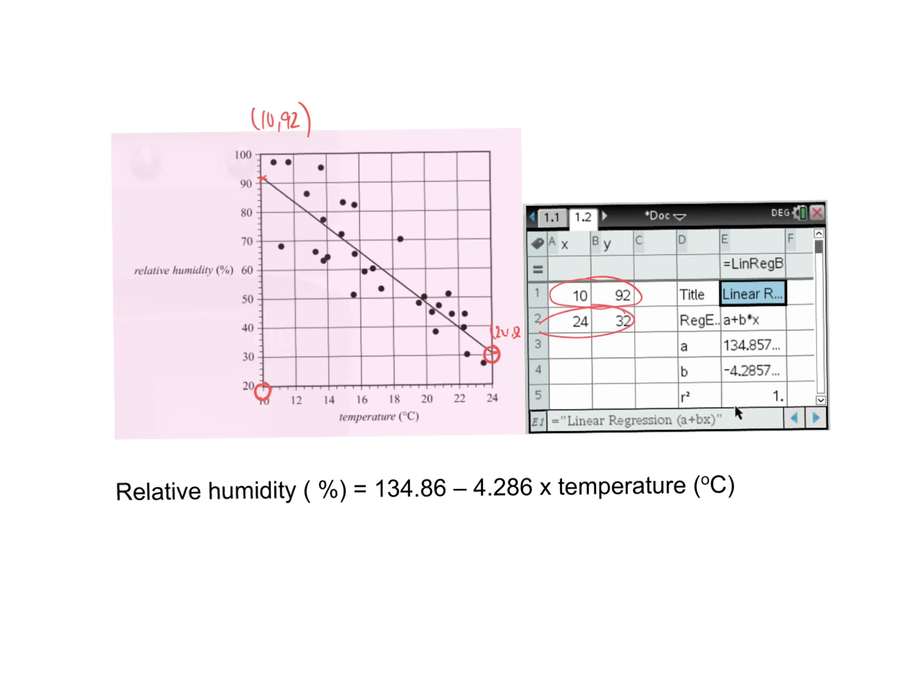Then I did the lin reg, and I wrote out the equation. This was my response variable, so I've put it there, and this was my explanatory variable, so I put that there, and there's my b and there's my a value, which I found in the calculator. That's the easiest way to do it, and that's all we have to do if we're asked to find the equation of the line if it's already given.